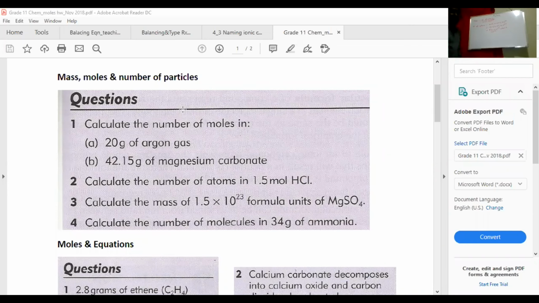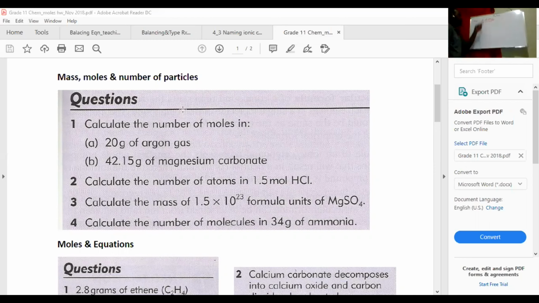All right, question 3. Calculate the mass of 1.5 times 10 to the 23 formula units of magnesium sulfate. So in that case, we're given the amount of particles in magnesium sulfate. So again, we will use this equation, right?